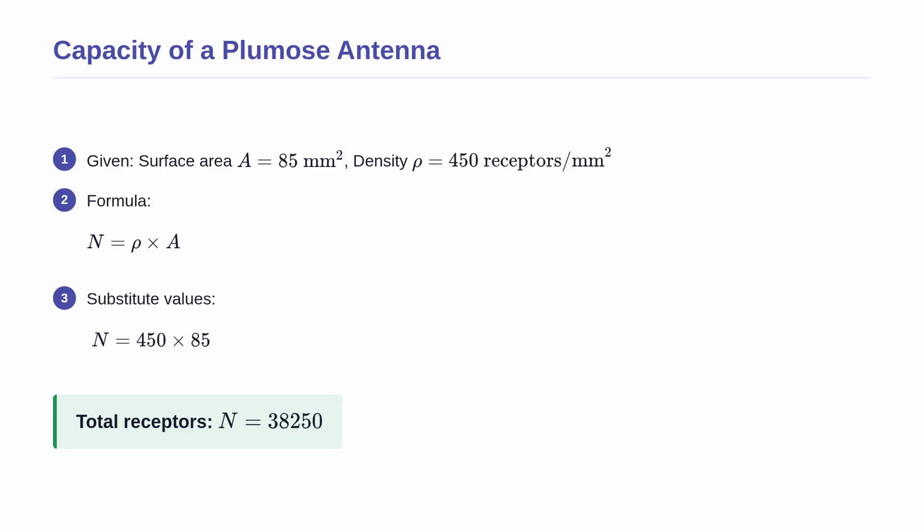Now, let us look at a highly specialized case, the male mosquito. This insect possesses a plumose, or feathery, antenna designed to detect faint signals from far away. Because of its feathery branches, the surface area is vastly increased to 85 square millimeters. The receptor density is also higher, at 450 receptors per square millimeter.